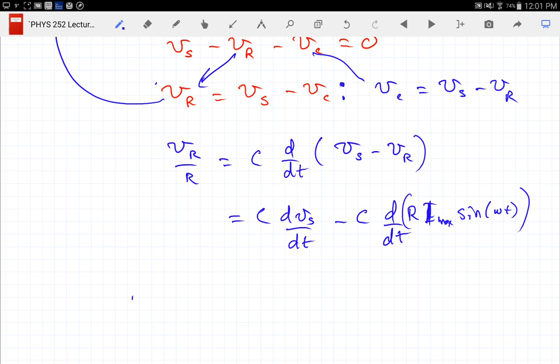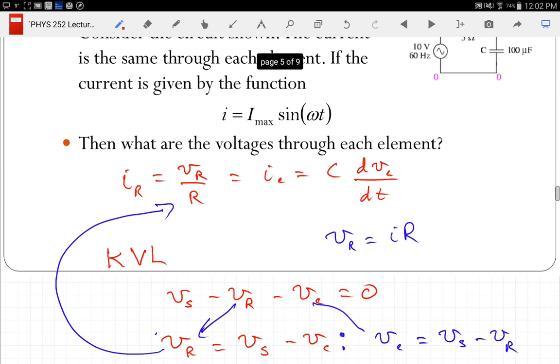So I'm going to have I max sine of omega t equals C d(voltage source)/dt, because I don't have a function for the voltage source, minus omega C. My I max sine omega t is just given. I gave that right here.